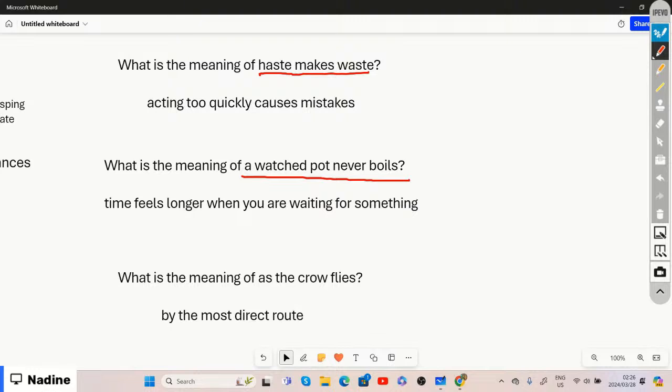What is the meaning of as the crow flies?